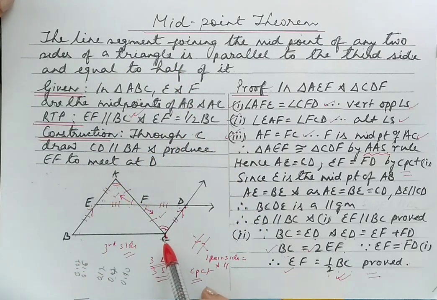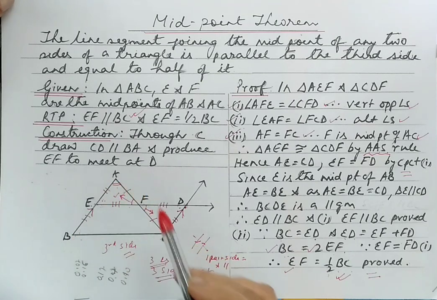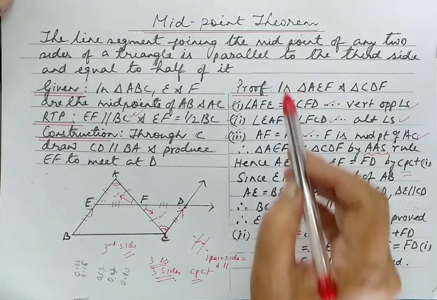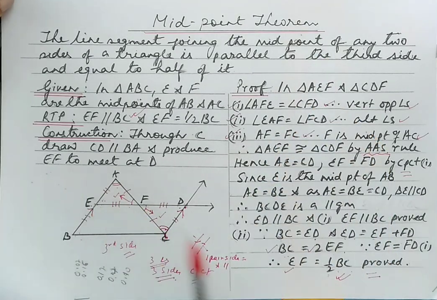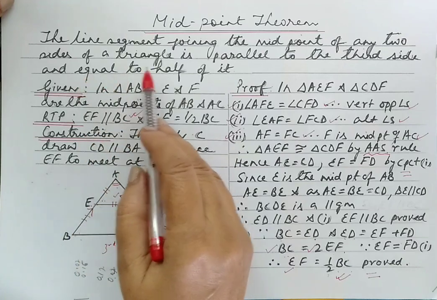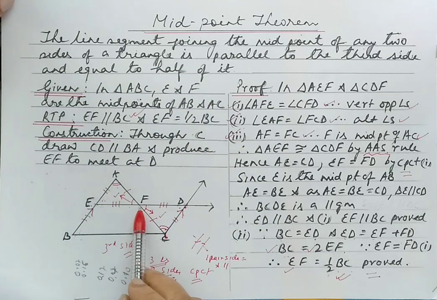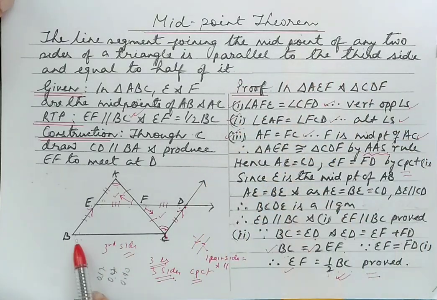Say ABC is the triangle and the two sides they are talking about are AB and AC, and the midpoints are E and F. So the line segment joining the midpoints of any two sides of a triangle, which means EF, is parallel to the third side.